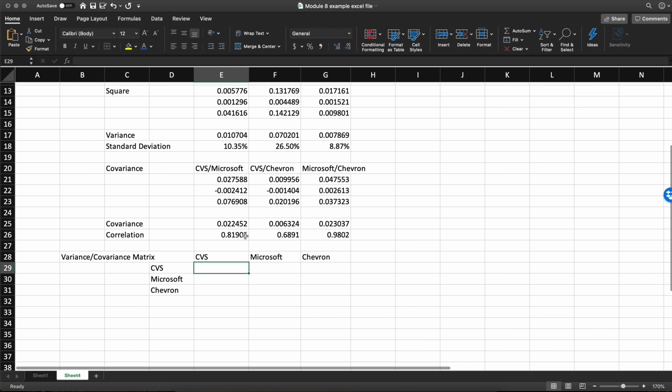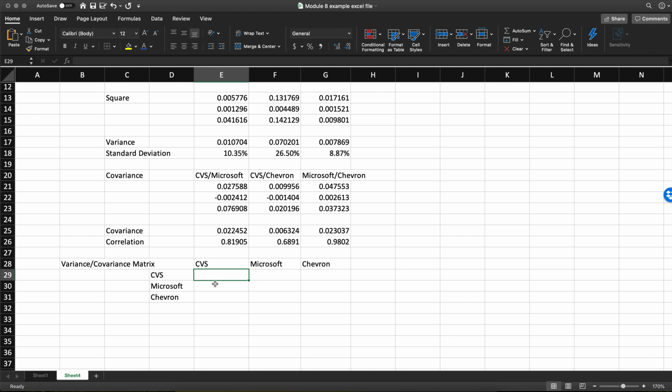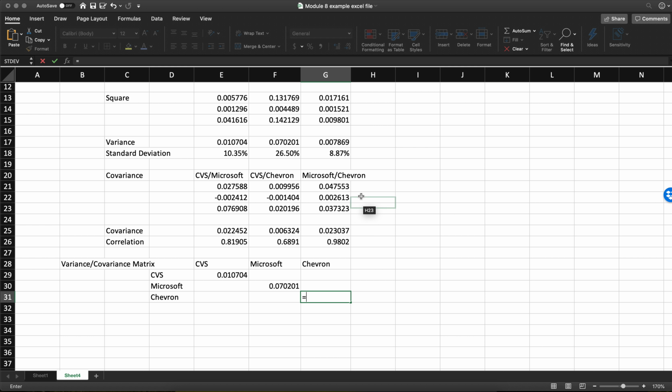Usually what happens here is the diagonal of this is the variance. So this is how CVS varies with itself, which is the variance, and that is just going to be this number. The way that Microsoft varies with itself is this number. It's the variance. Chevron is that number.